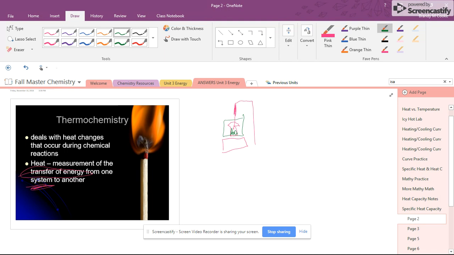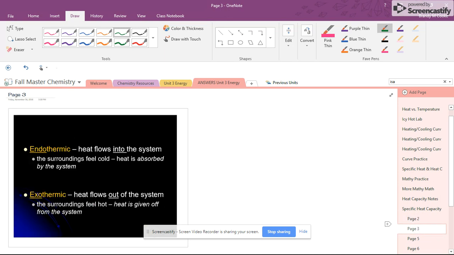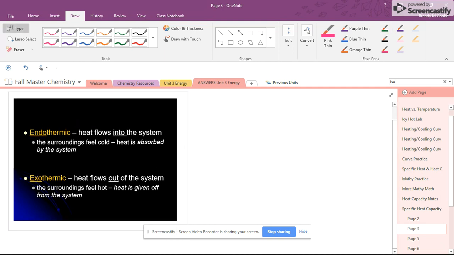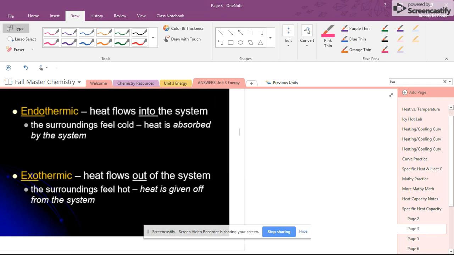We could have said the system was the hot plate, but that wouldn't have really made sense because it's irrelevant. But when it matters, it's because defining whether the system is endothermic or exothermic depends on what you say the system is. I feel like I didn't make very much sense right there, but I'll explain it a little more clearly.